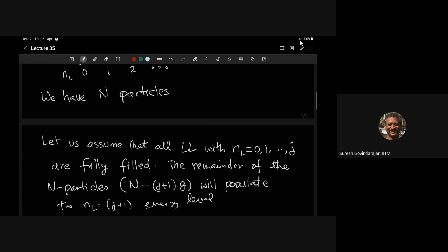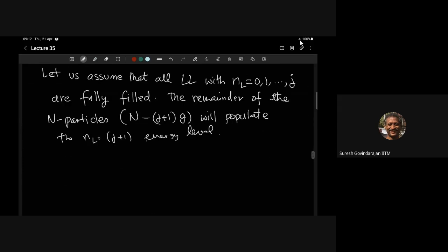So the question is, what is J? We know N, and if you fix B, we can write J as follows: J equals N by G minus 1, or J plus 1 is this. Do you know this function?